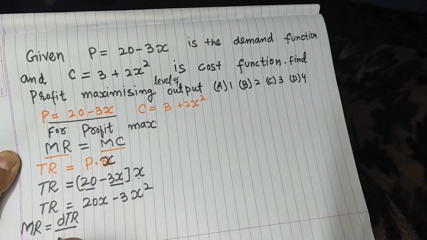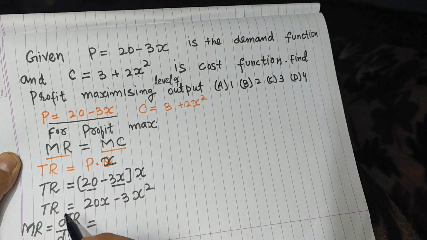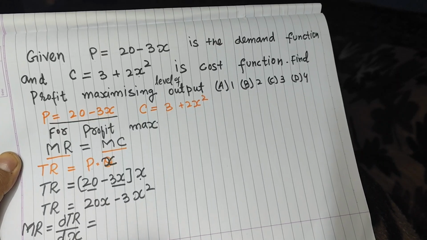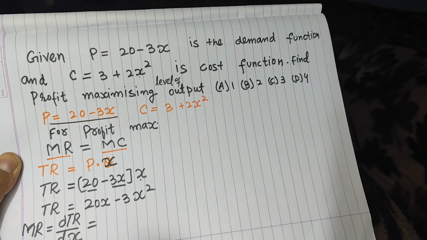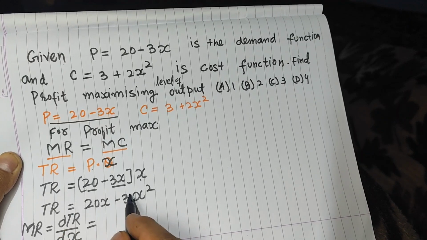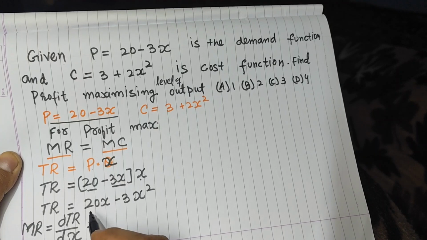Now marginal revenue is simply the change in the total revenue, that is the derivative of the total revenue function with respect to the change in the output. Marginal revenue is how much total revenue increases when one more unit of output is sold. So the change in the total revenue due to the change in the output gives us the marginal revenue.